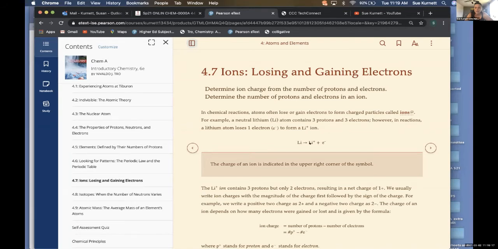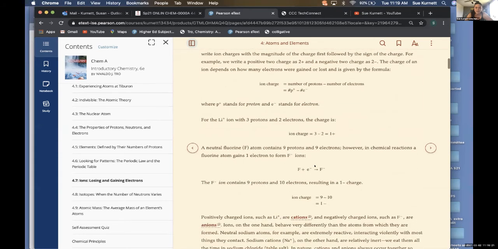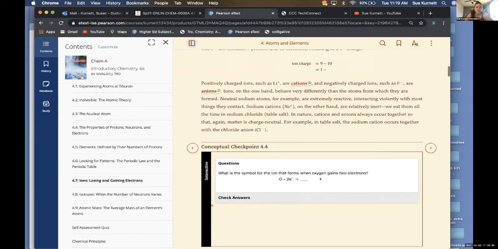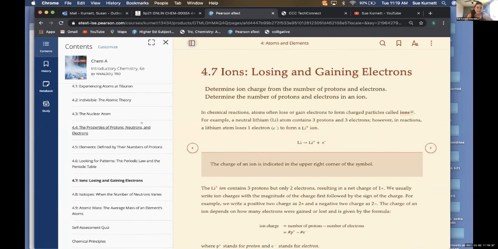And it's a positive ion, so it's a cation, and the charge is shown in the upper right-hand corner. And then they walk you through where the charge came from. Fluorine gains an electron to become fluoride, and fluoride is an anion, and they walk you through how protons plus electrons add up to the total charge. So you need to read chapter 4.7 at this time.